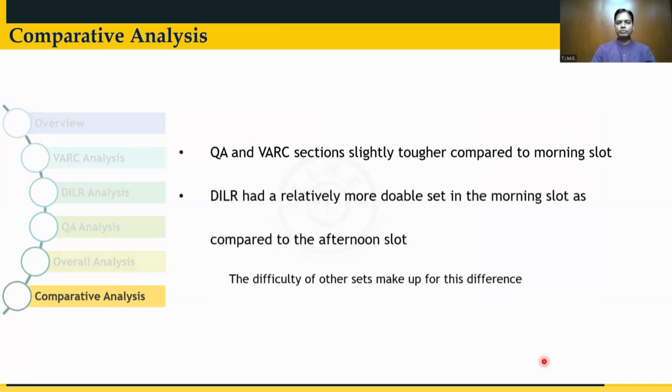DILR was probably on par, but interestingly, students shared that there was one set which was relatively more doable, and it stood out in the morning slot. This could have made it easier. But even then, the other sets in slot 1 seem to have compensated for that relatively easier set. So DI overall has come to the same level from slot 1 to slot 2, but QA and RC a notch easier.